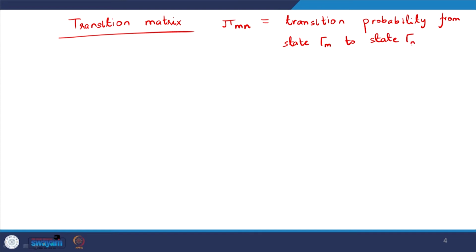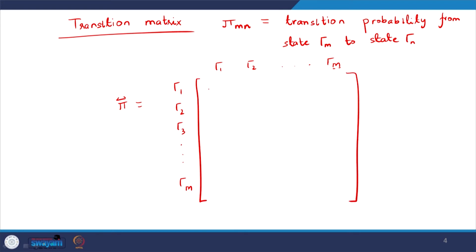And just to think about it, we can think about it as some sort of a matrix, because in general there can be a large number of states to begin with, that is my state space, and starting from any of that I can go to any other state, and into these brackets here I will populate the transition probabilities.